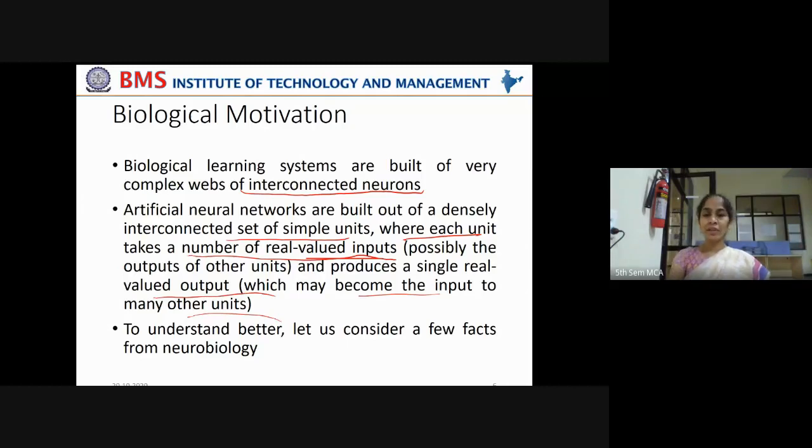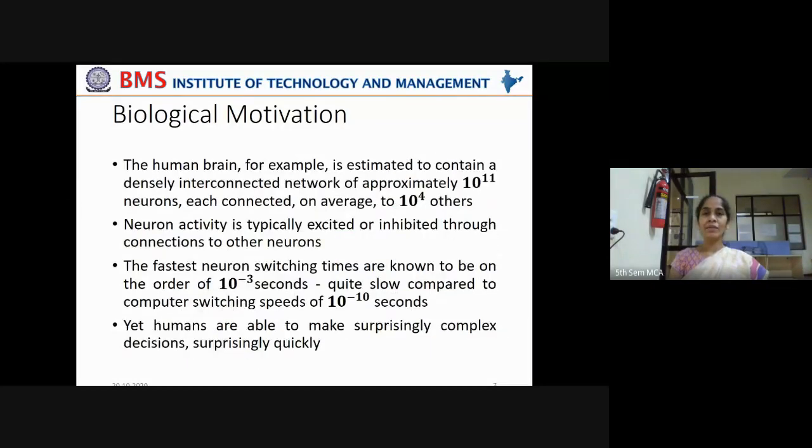Right? Now, to understand better, let us consider a few facts from neurobiology. Let me take you back to this brain example and make you experience better how these artificial neural networks actually work. The human brain, for example, is estimated to contain a densely interconnected network of approximately 10^11 neurons.